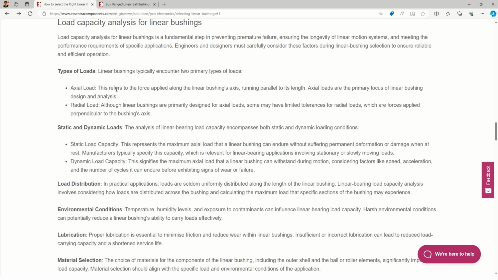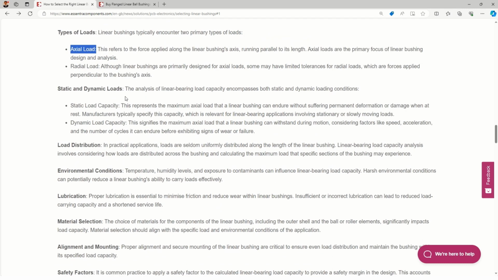Mostly the bearings are designed for axial load, but they can take radial load also, though primarily they are designed for axial loads. So we should check the axial loads coming on these bushings. Then we have radial load, and we have static and dynamic loads.